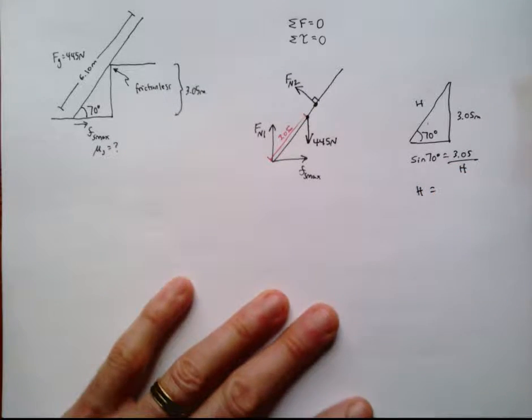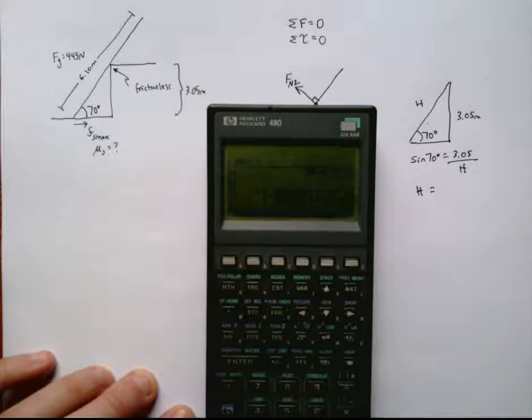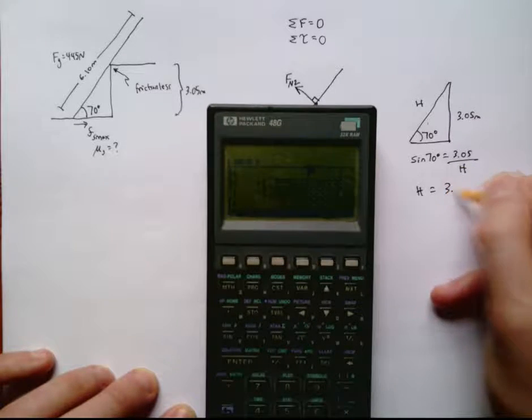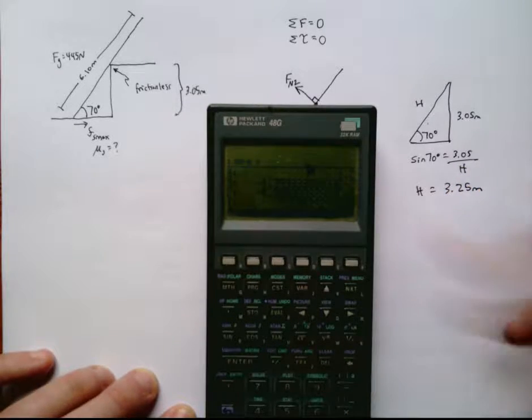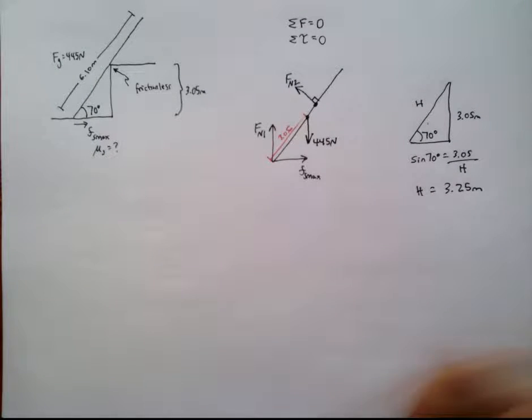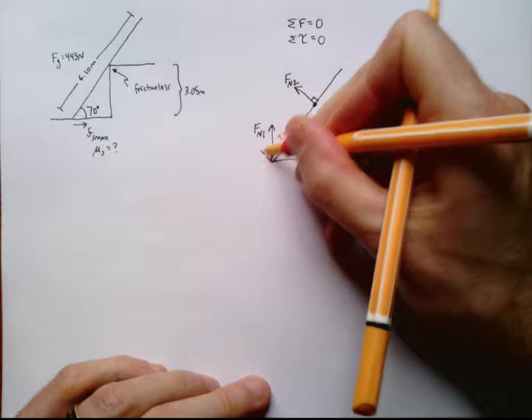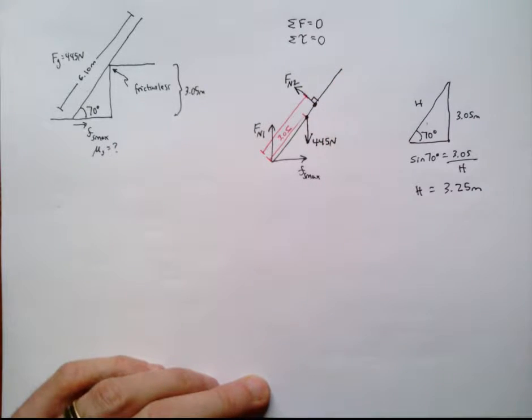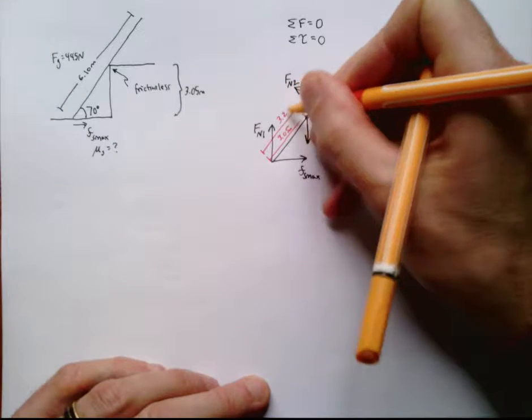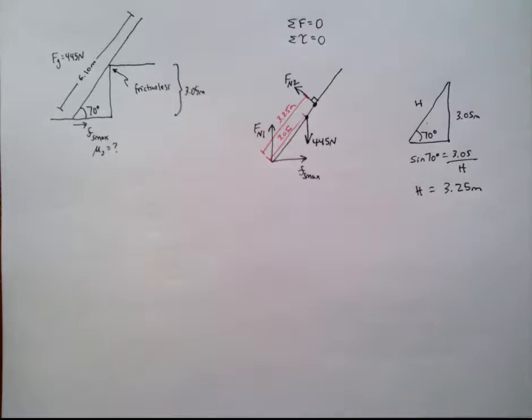So using my calculator, make sure I'm in degrees mode and not radians, I'm going to take 3.05 and divide by the sine of 70, and I'm getting 3.25 meters for the hypotenuse. So again, that means that this distance right here out to where that force is being applied is 3.25 meters.